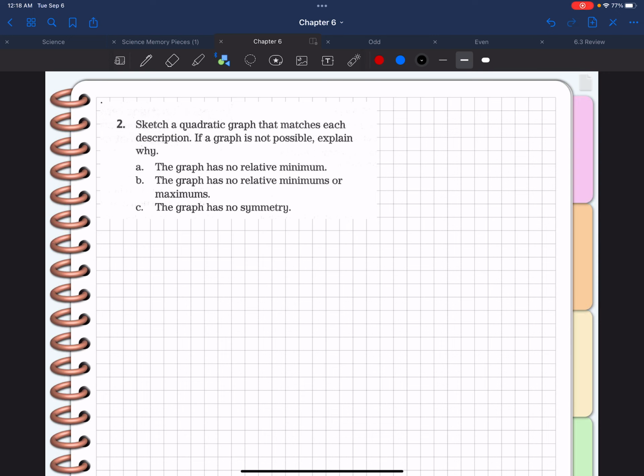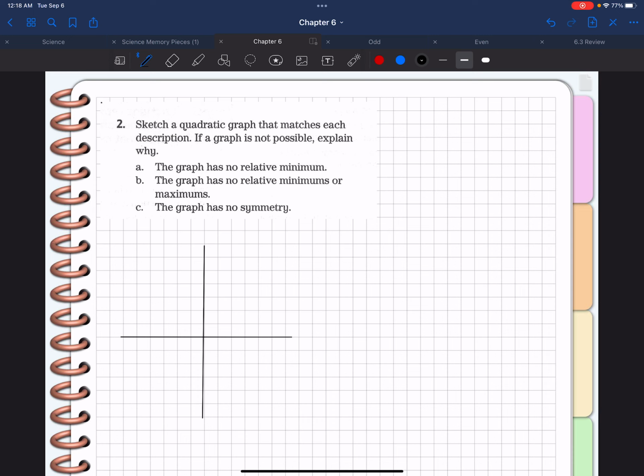Oh, I'm sorry, each description. We got 3 different scenarios here. All right, so the first one, a quadratic graph that matches each description. A, the graph has no relative minimum.